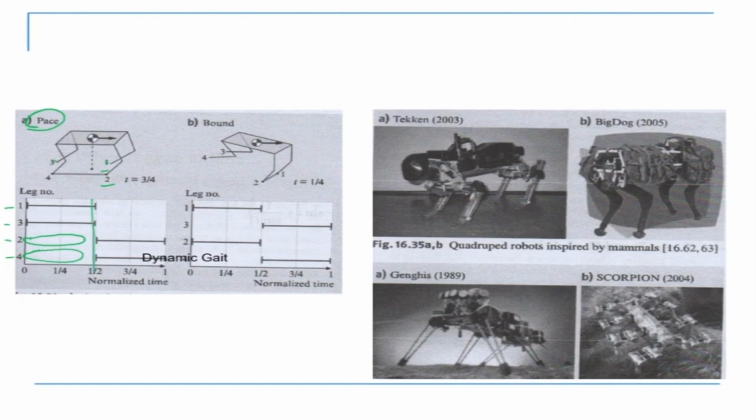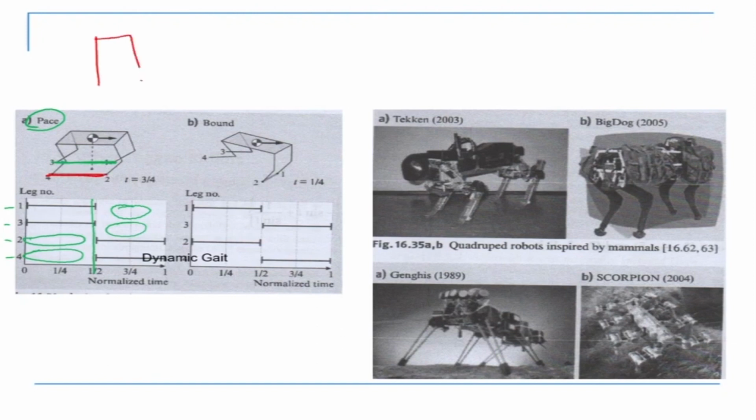Then there is a changeover phase, and then 1 and 3 come into the air, and 2 and 4 are on the ground. That means it is going not diagonally but sideways: these two legs and then these two legs are interchangeably in air. So it is not diagonal, it is side.